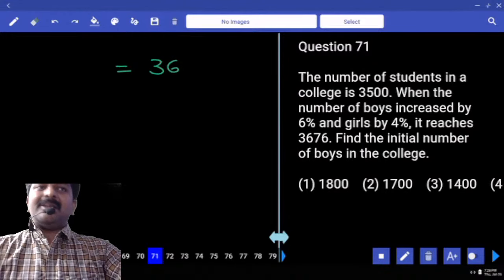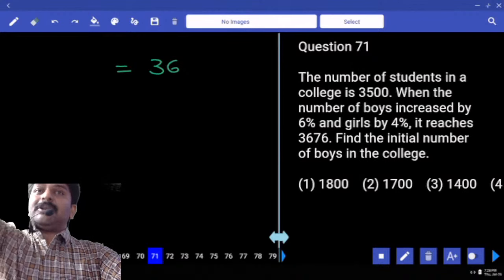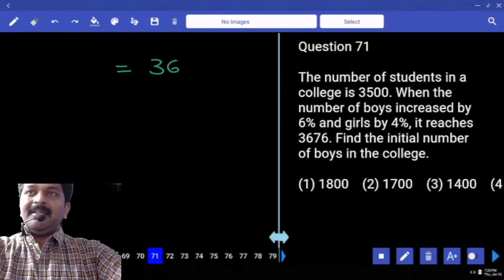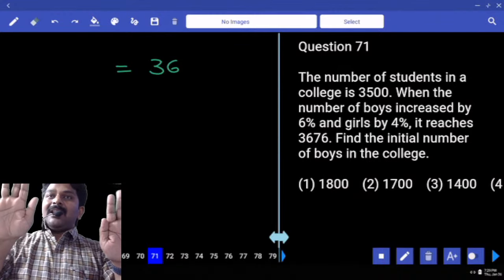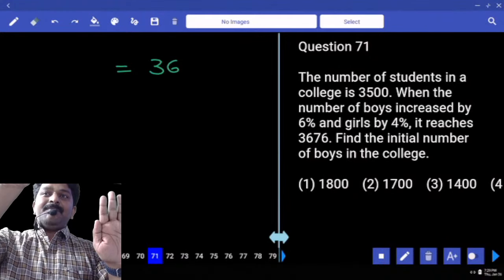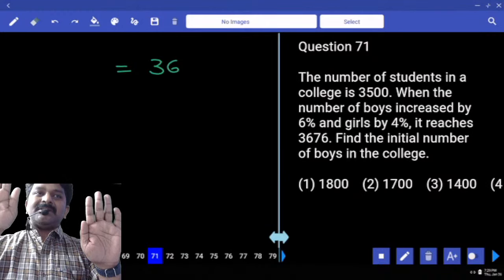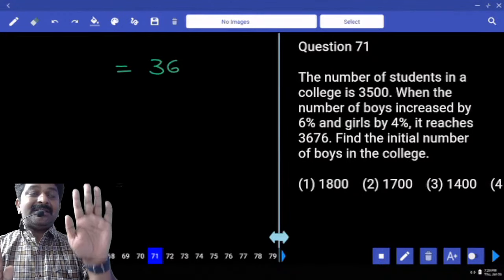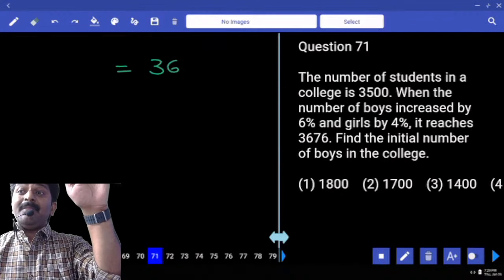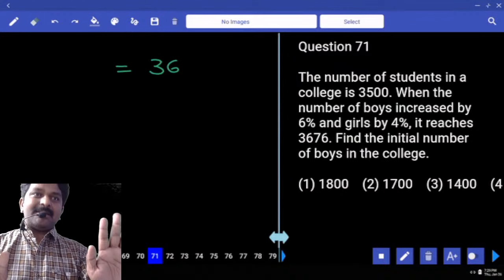Actually, out of total population 3500, there are male and female. If they are treated as male, this value increases by 6%. If they are treated as female, girls, their population increases by 4%. This is the actual number.